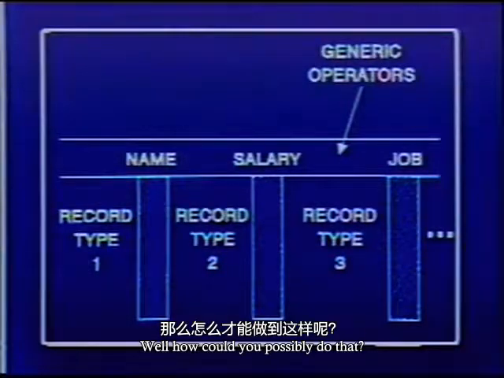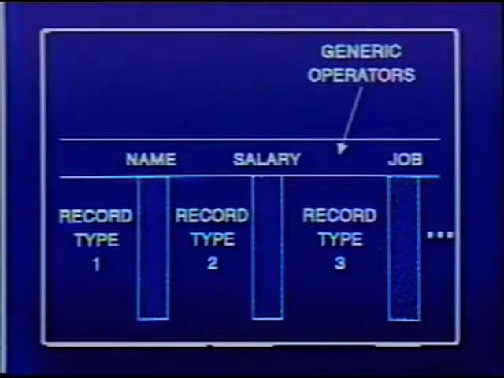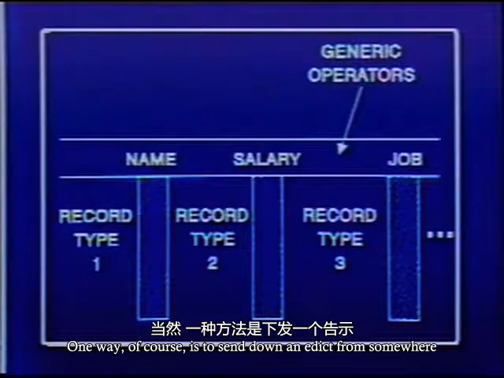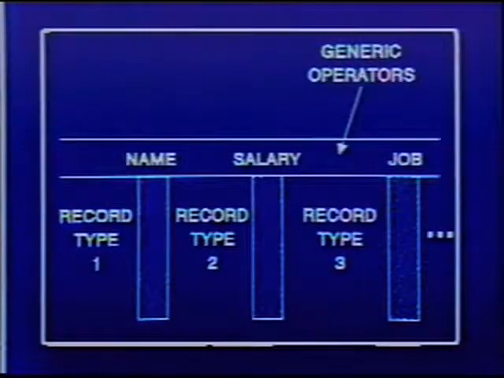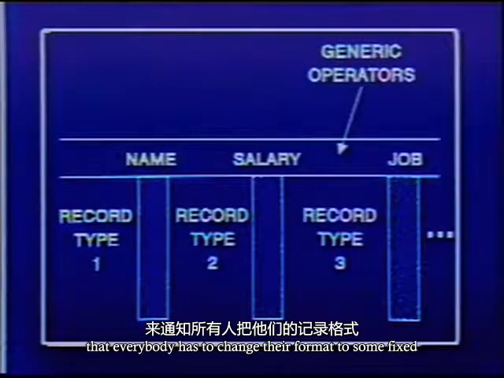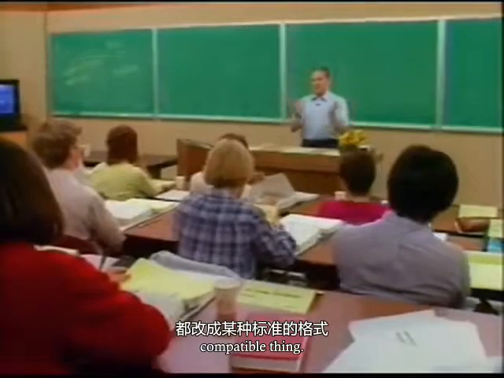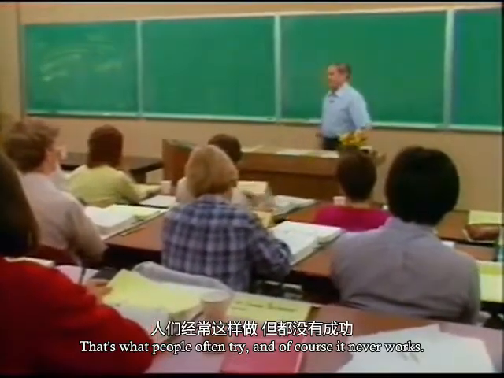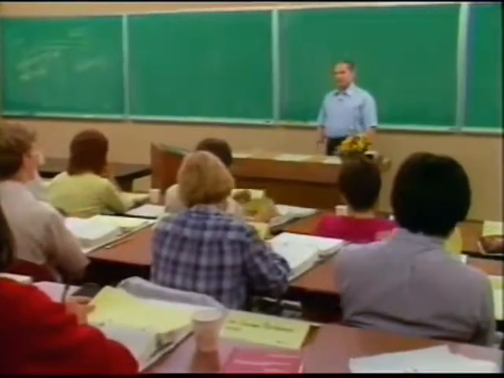Well, how could you possibly do that? One way, of course, is to send down an edict from somewhere that everybody has to change their format to some fixed compatible thing. That's what people often try, and of course it never works.